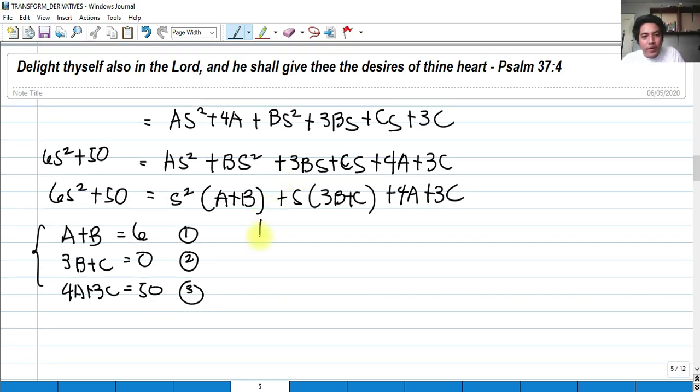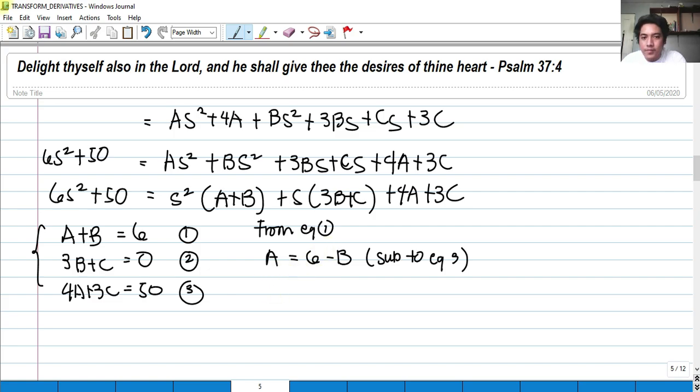So from equation 1, what are we going to do? We have a is equal to 6 minus b. Then we're going to substitute this to equation 3. It's up to you, as long as you get the values of a, b, and c correctly.